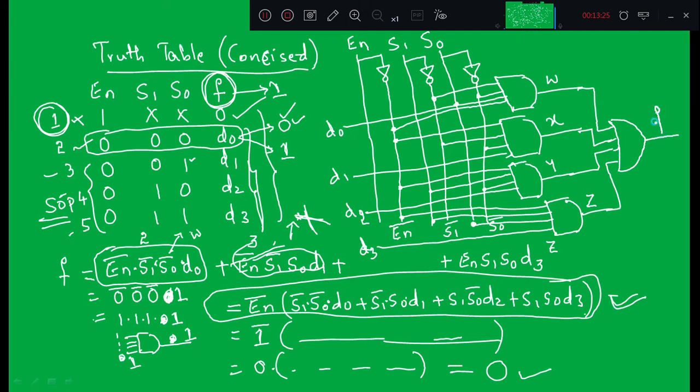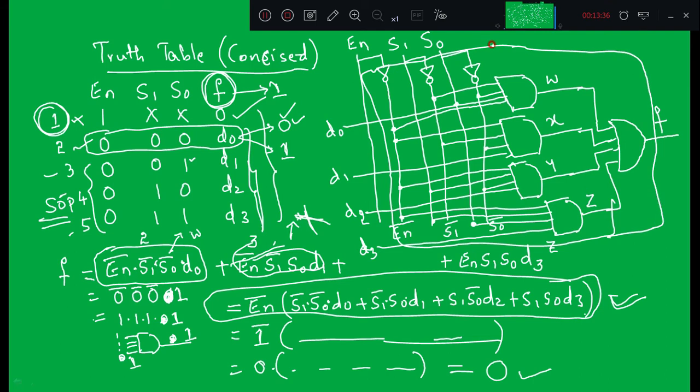So this is the final output F. This is the logic diagram of the 4:1 multiplexer. No need to connect this logic diagram again and again. You just use a multiplexer which is available in the form of an IC, like decoders. With those ICs we will implement different functions or different designs.